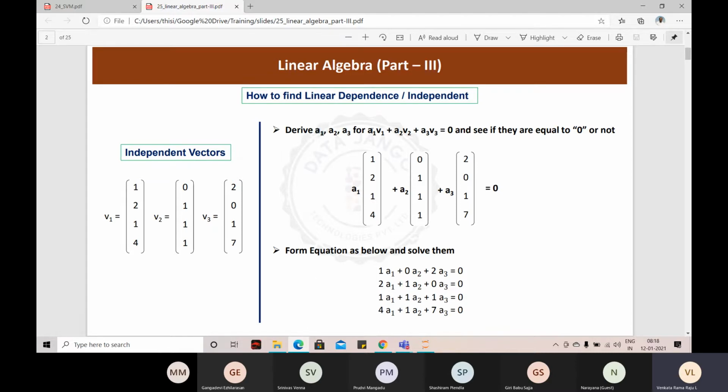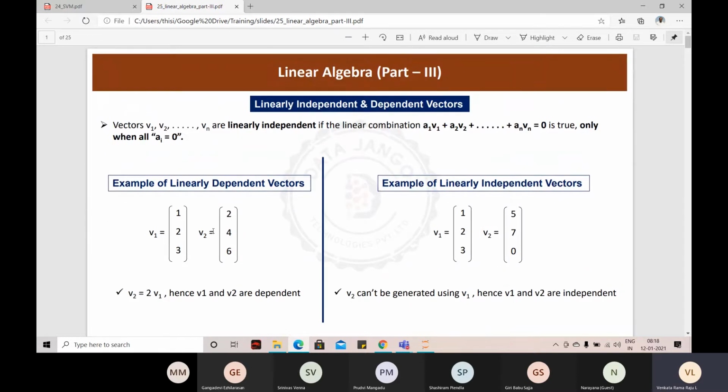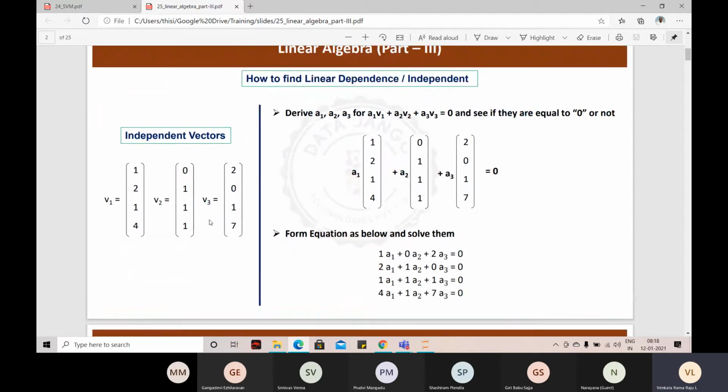You take a1, a2, a3 and create a linear combination and try to find those a1, a2, a3. In the earlier example, a1 is 2, a2 is -1, simple and evident. But in this one, you cannot find that by looking at the vectors. So you need to create a linear combination like this: a1 times vector 1, a2 times vector 2, a3 times vector 3 is equal to 0, and then solve the equations.